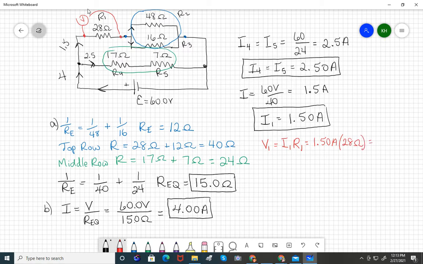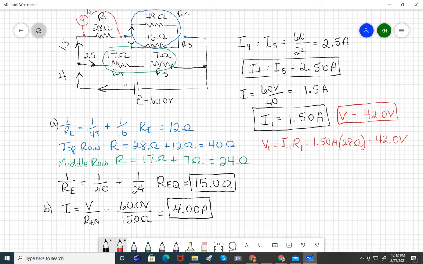So 1.5 times 28 is 42 volts. That's actually one of our answers because we're asked to find the voltage for each resistor. So V1, I'm going to put that right next to I1, is 42.0 volts.